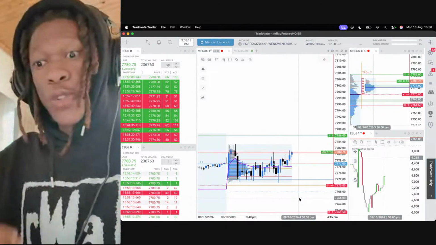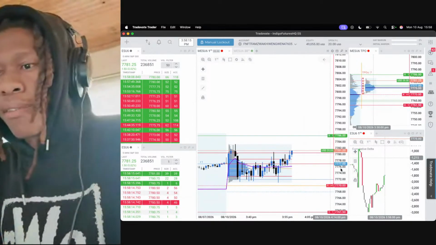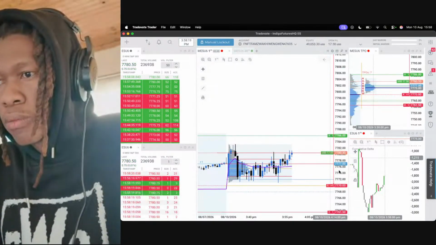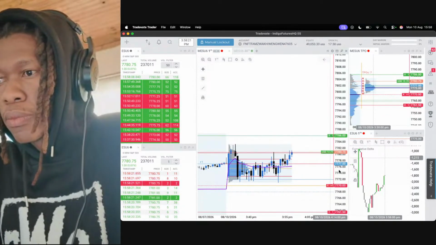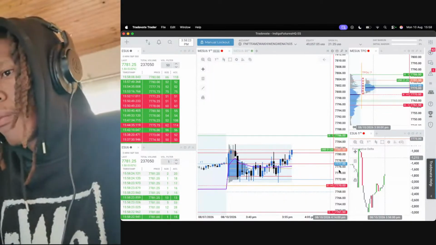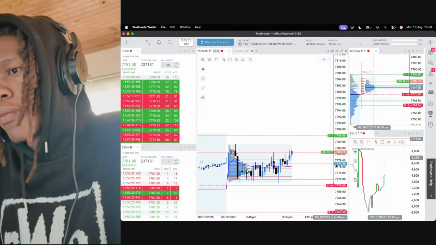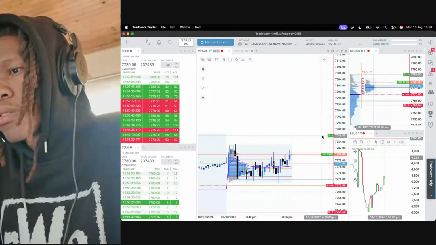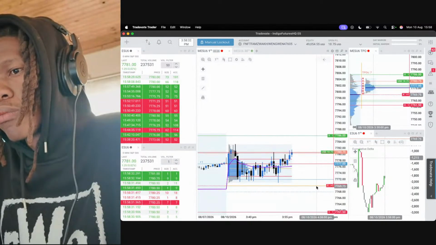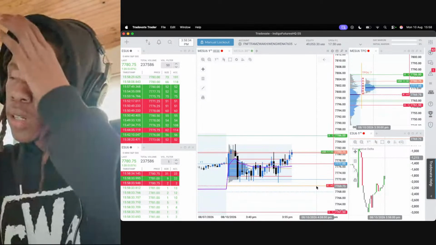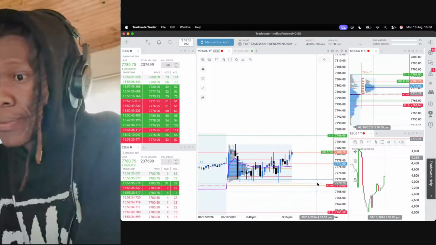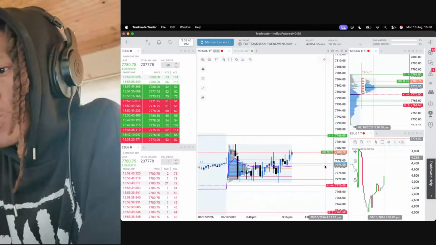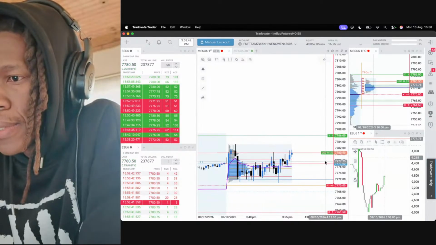But if we see strength above the previous day value area high, cool. Kind of seeing that now. Maybe 770, 786 to 778.